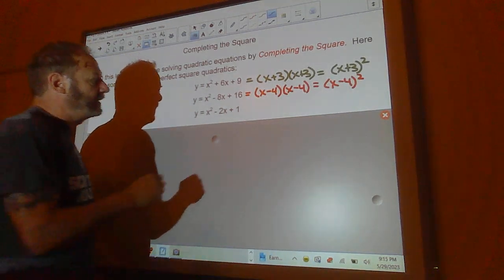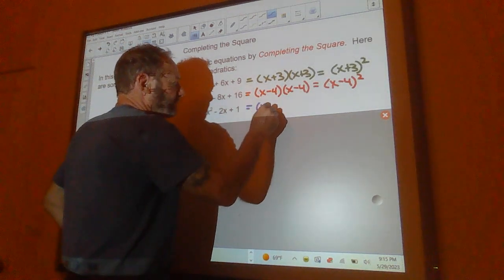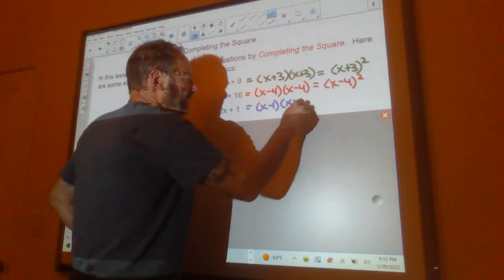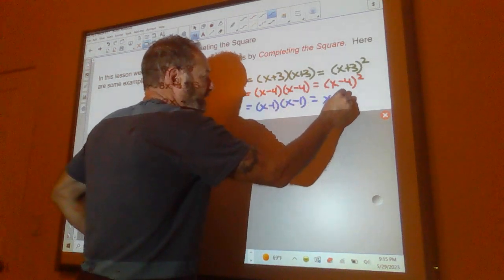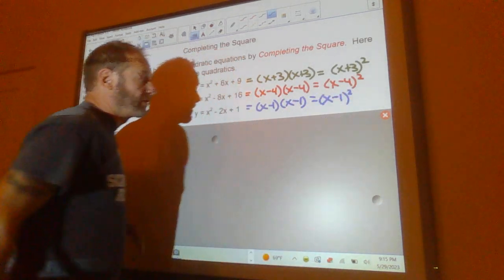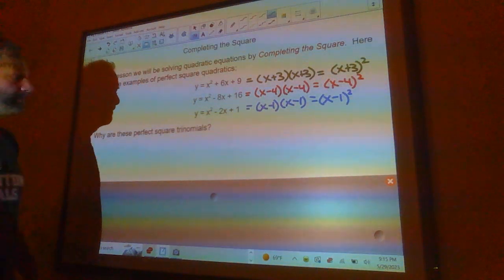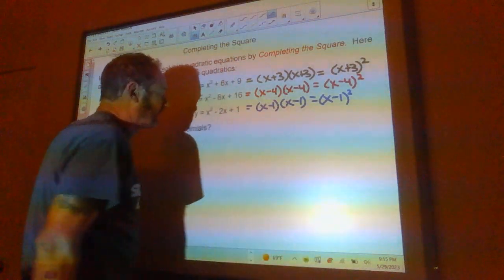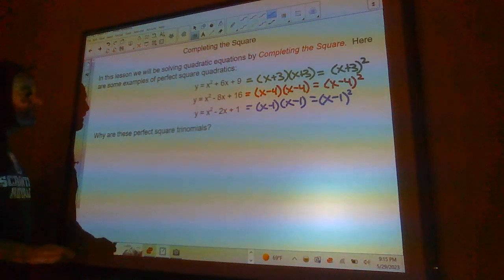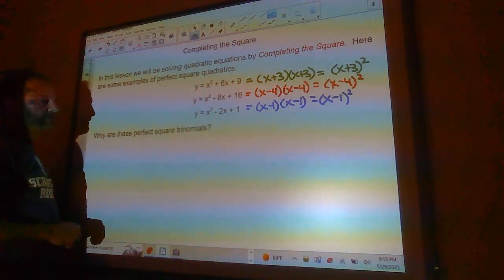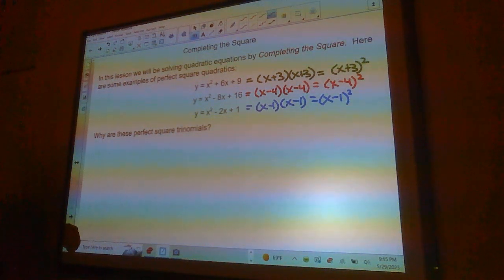This one here could be x minus 1 times x minus 1, which is x minus 1 squared. So those are all perfect squares. That's why those are perfect square trinomials, because they're the square of a binomial.